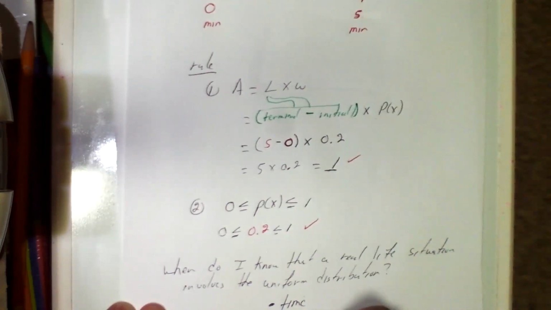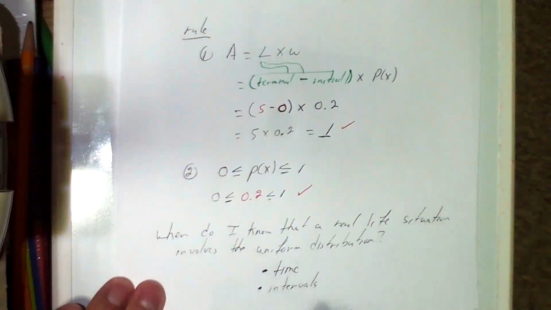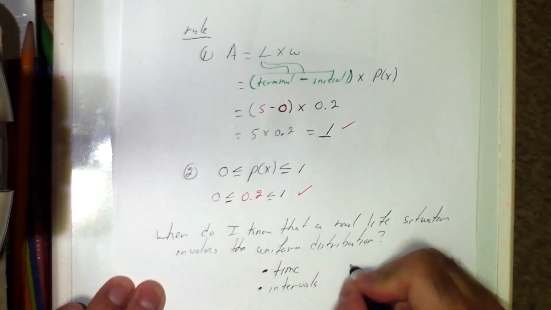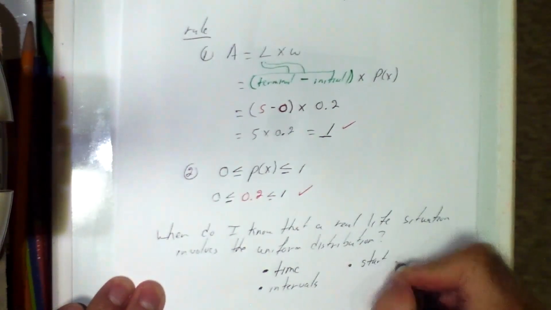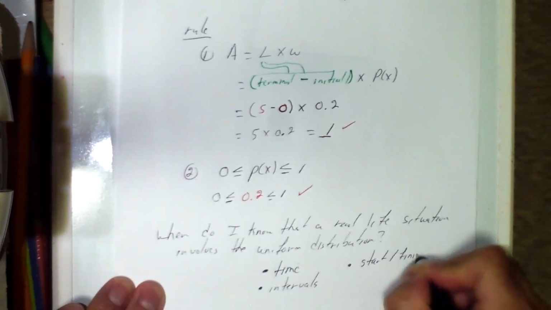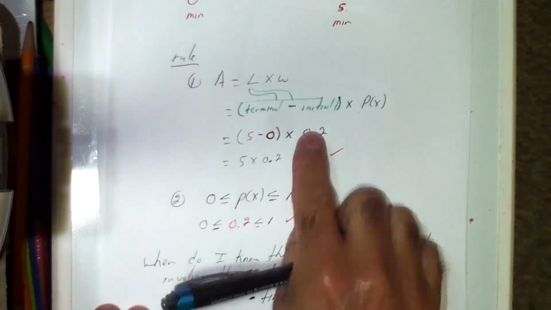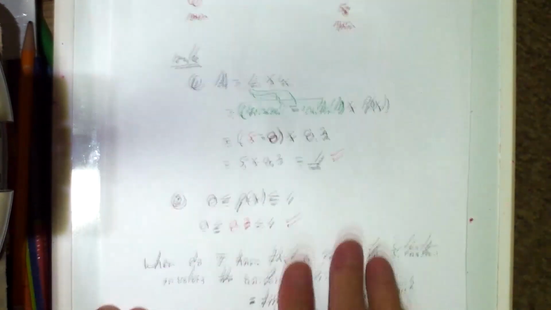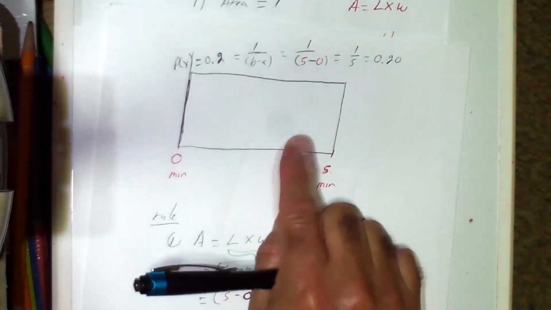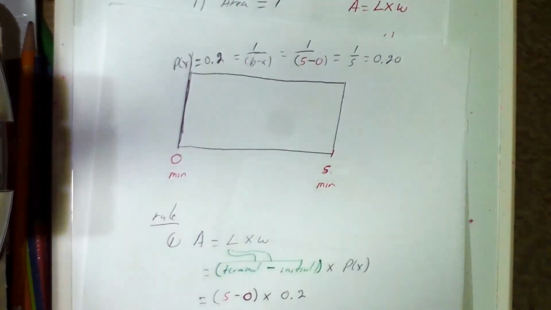And you're thinking, well, what do you mean by intervals? Say like your car battery, your voltage, gas gauge, anything that has a start and finish is considered to be a uniform distribution. Okay. All right, so once you know that your uniform distribution passes two rules, your uniform distribution is ready to roll.